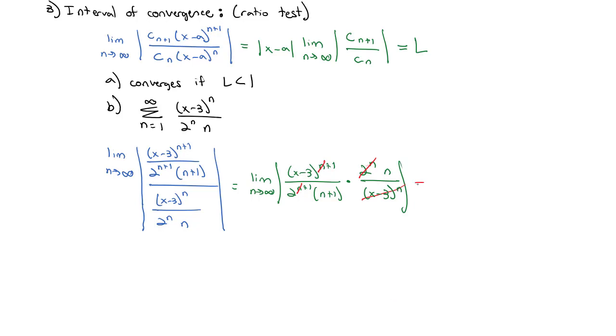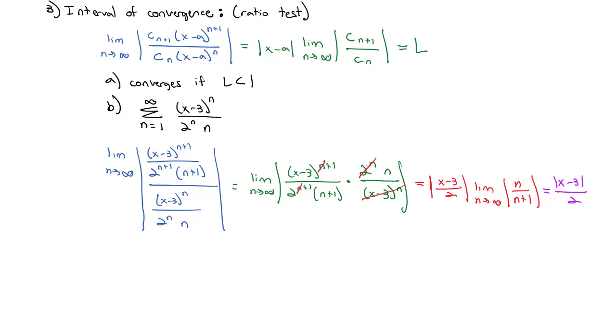And so I can pull out the x minus 3 and the 2, because those are all constants. And we're just left with the limit as n goes to infinity of n over n plus 1. And we know from calculus that that limit is going to equal 1 because the coefficients are 1. And so what we really have is the absolute value of x minus 3 divided by 2. And since 2 is always positive, we can just pull the 2 out of the absolute value.